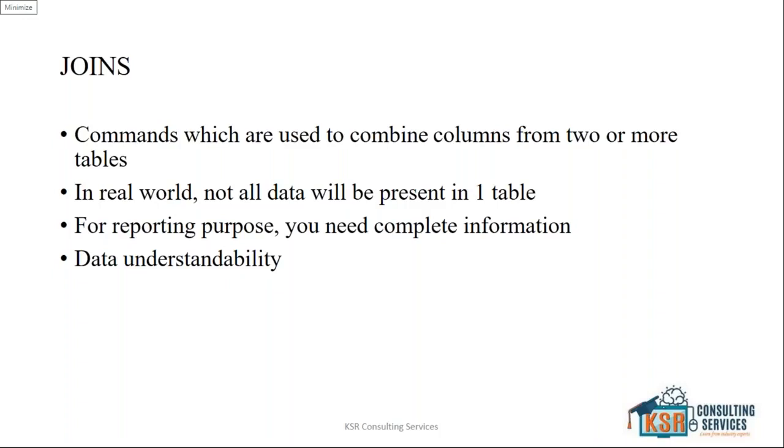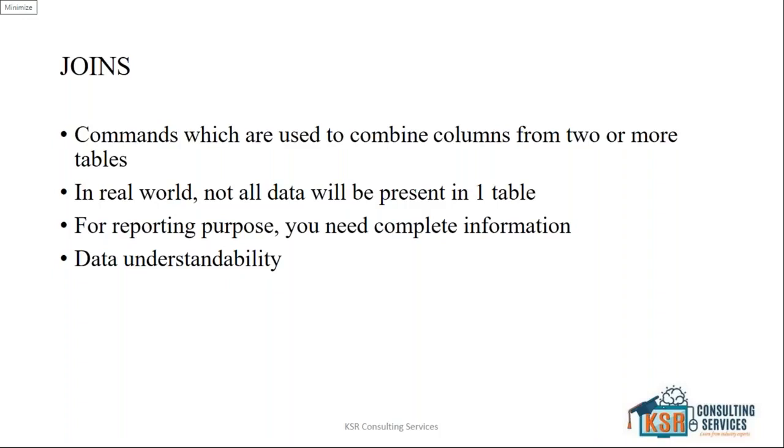They will have multiple tables. Car information in one table, which year and how many cars in one more table, and what type of car in one more table. You'll have different tables in real time.